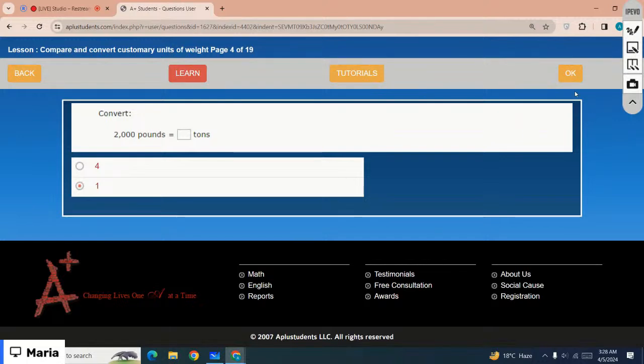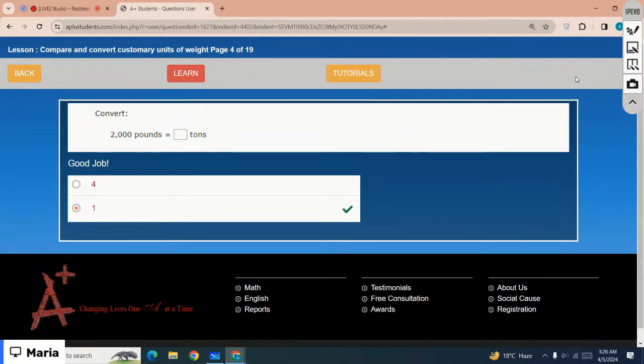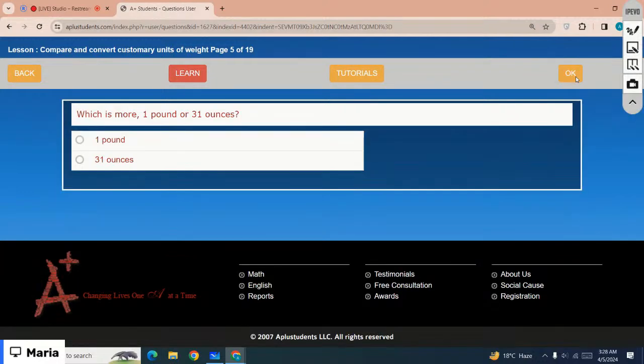The correct option is 1 ton, right? Yes, the correct option is 31 ounces is more, because in 1 pound you have just 16 ounces. So 31 is greater than 16. So the correct option is 31 ounces.